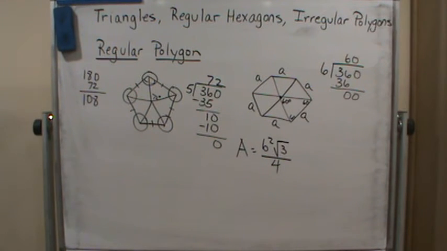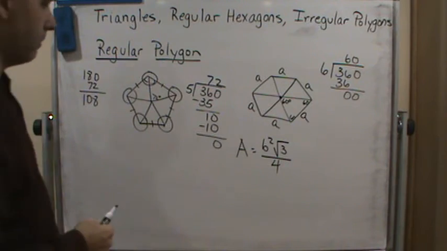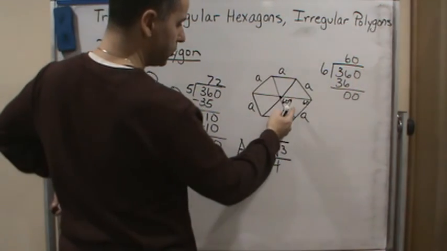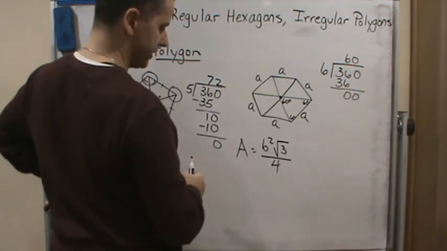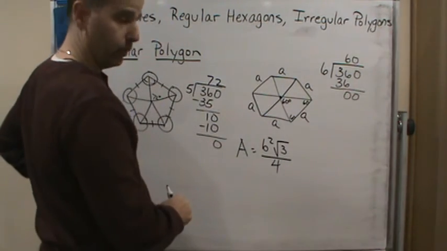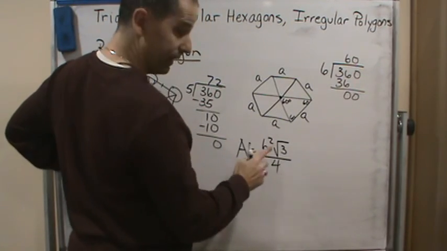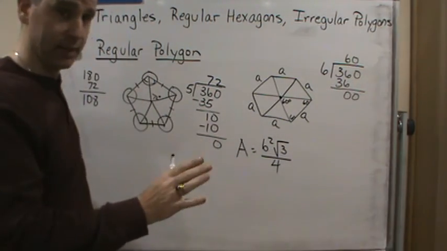Well, guess what? How many triangles do I have? I have 6. This is the formula for just one of those equilateral triangles. Instead of B though, what's B? That was the B I used for base.